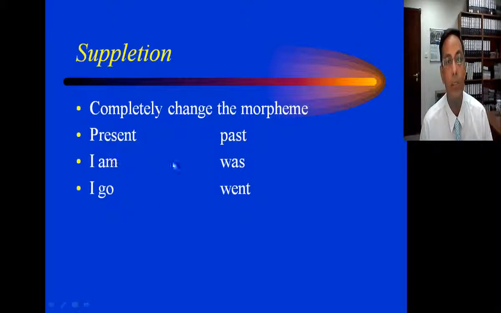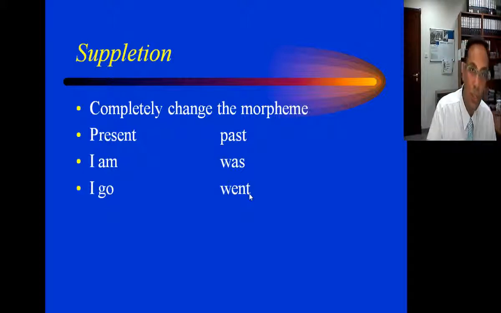We have a different word, was. Go, we have went. So this is not an internal change, it is a complete change. We change the morpheme. This is called suppletion.